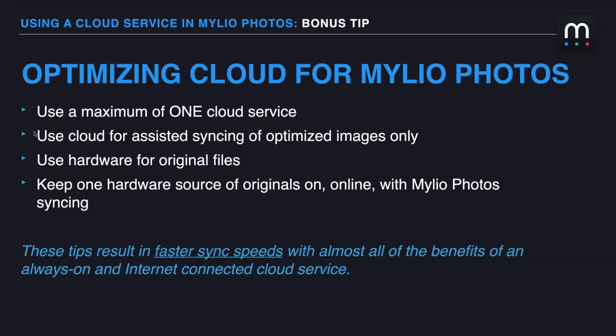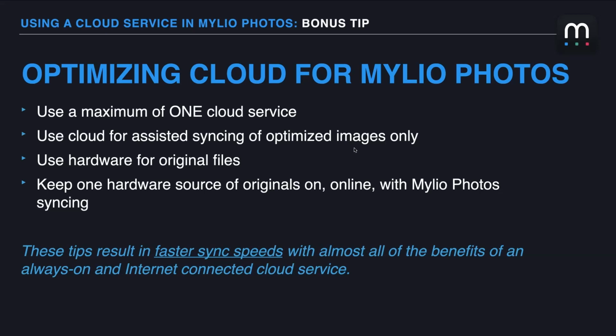And then set that cloud service to only want the optimized images. The way that you do it in Mylio requires you to set it at the folder level. So you can even decide, I actually only want to have the cloud have optimized images for these specific folders because I don't care about these other ones. They're stored in the originals or on a computer or a hard drive somewhere.